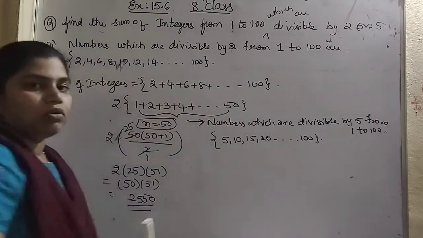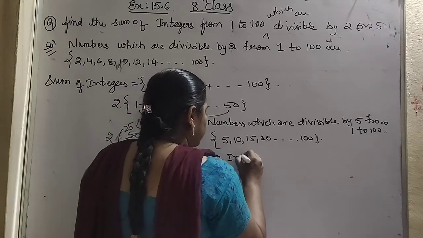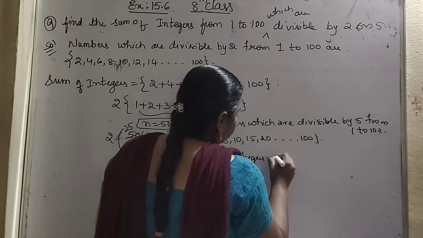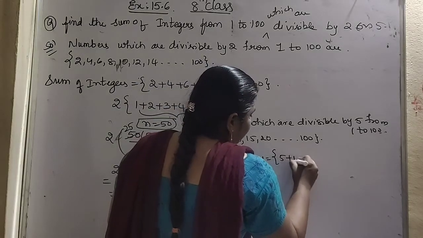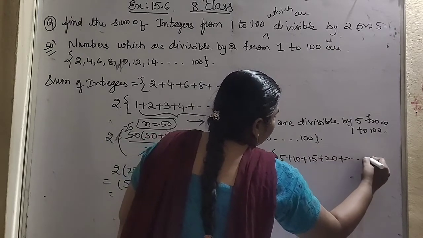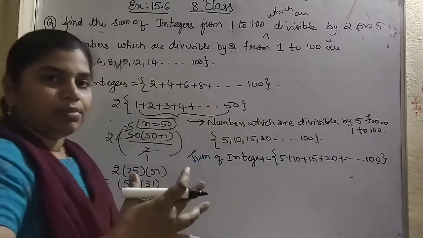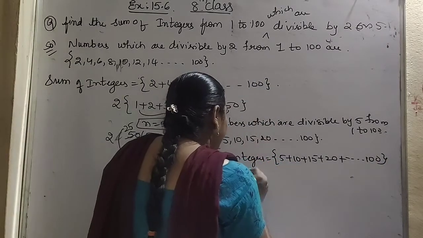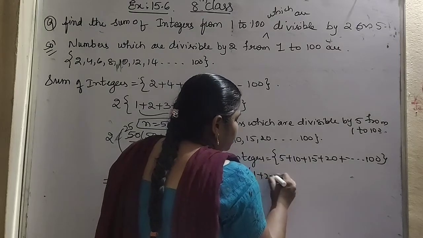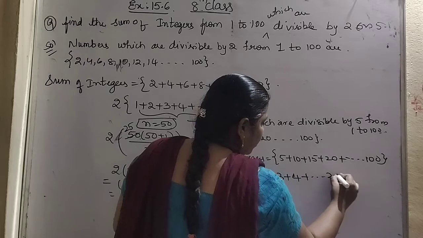They asked about the sum, so we have to add all the numbers. So the sum is equal to 5 plus 10 plus 15 plus 20 plus so on up to 100. These all are the multiples of 5, so I am taking 5 as common. So 5 into 1 plus 2 plus 3 plus 4 plus so on up to 20.